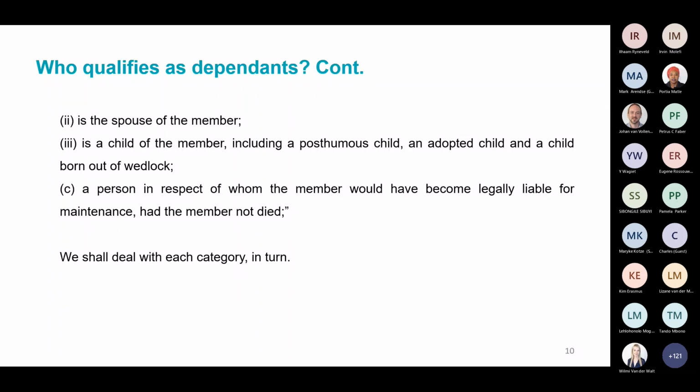That, of course, would include an adult independent child. Also, a person in respect of whom the member would have, that's your category C, have become legally liable for maintenance had the member not died. We shall now deal with each category in turn.